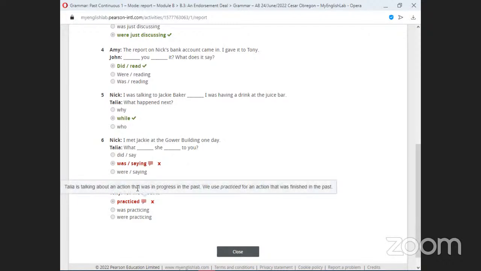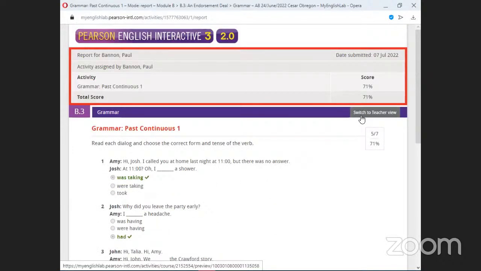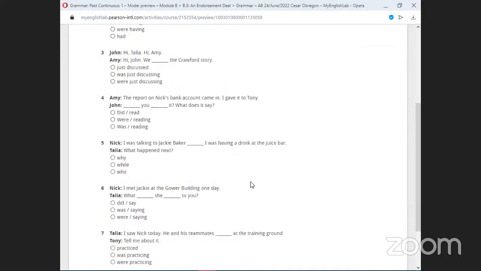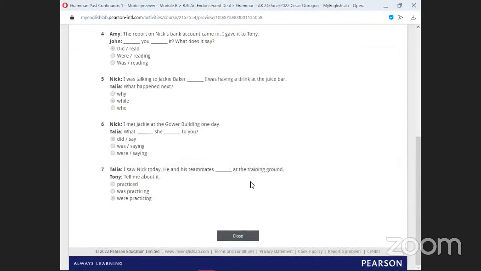Talia is talking about an action that was in progress in the past. What did she say to you? He and his teammates were practicing at the training ground.